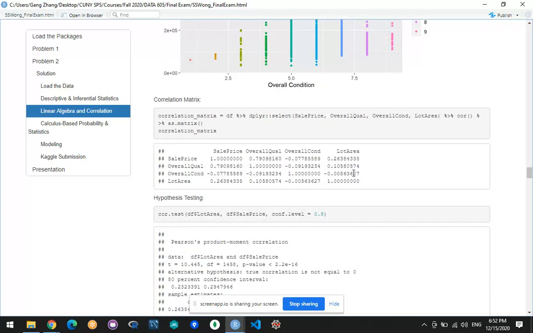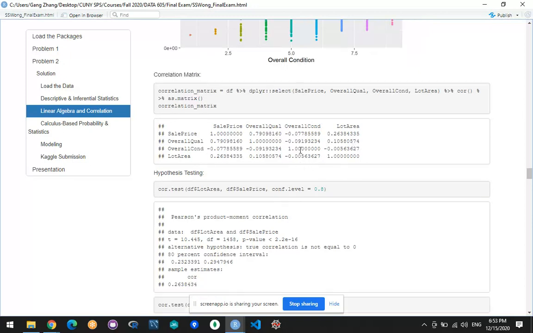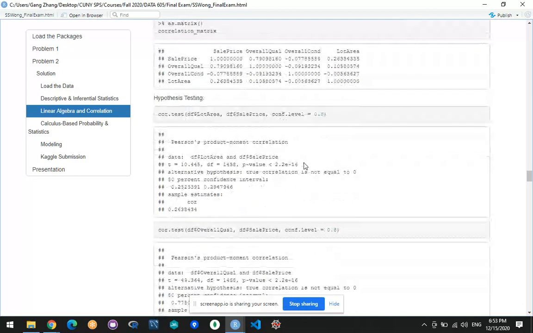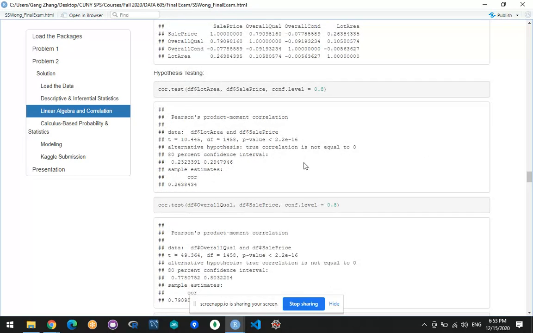The next question asks to find the correlation matrix, and I use the cor function to do that, and I use the cor.test function to do the hypothesis test for the three independent variables versus the sale price. We can see that the p-value for each pair is much less than the 0.02 significance value, and this indicates statistical significance.